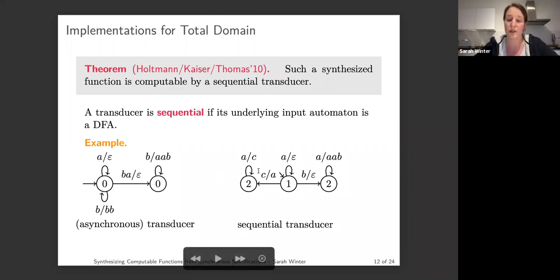If you project the output component away, then you have a DFA. This means that the target of a transition just depends on the read input symbol and does not depend on the produced output. Yeah, and these kinds of transducers suffice in order to implement synchronous relations with total domain.